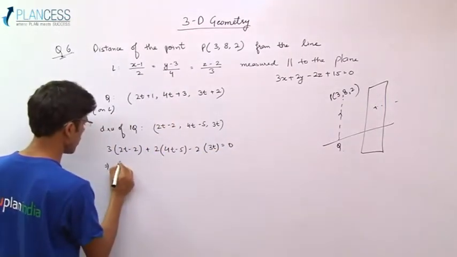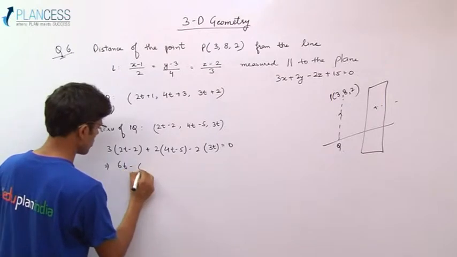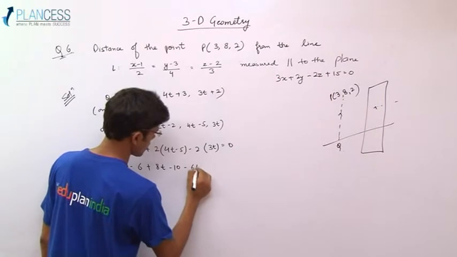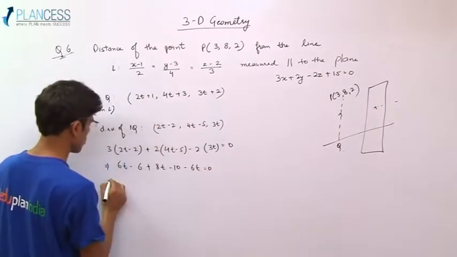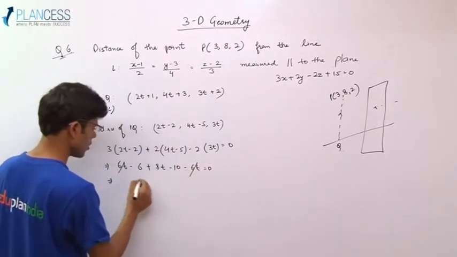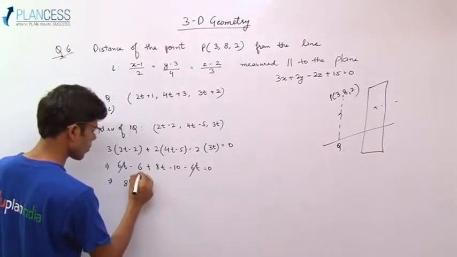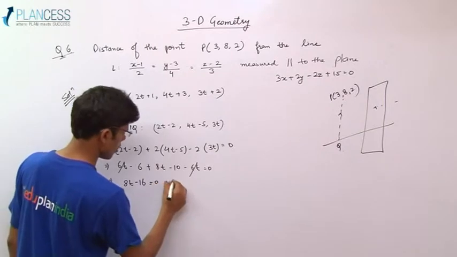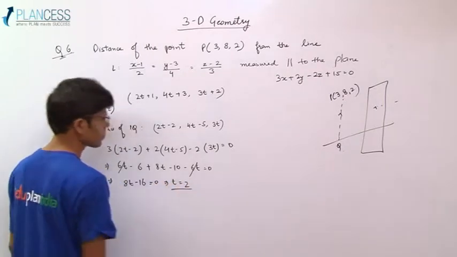If we solve it, we get 6t minus 6 plus 8t minus 10 minus 6t is 0. So this is 8t minus 16 is 0. So t is equal to 2.